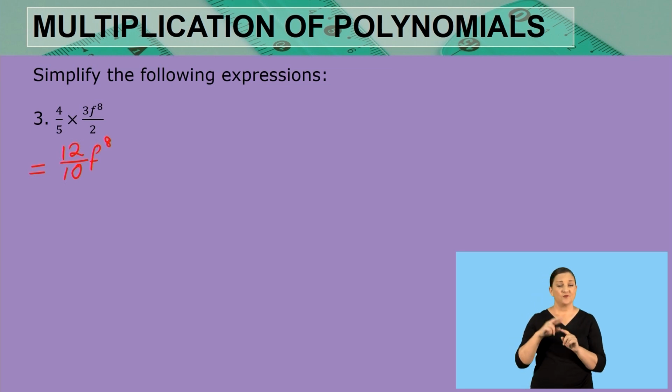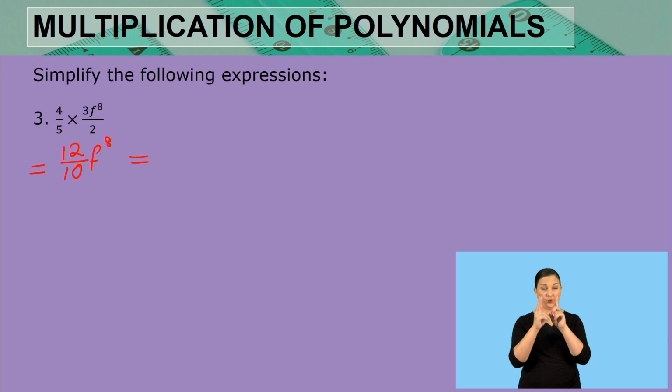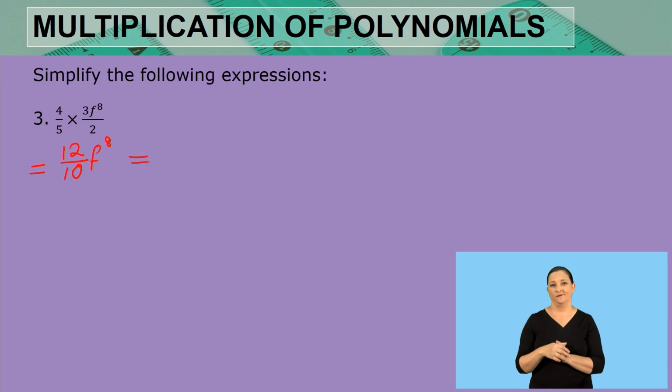But now, remember, when we are working with fractions, we need to always make sure that we simplify that fraction. So we are going to look for the highest common factor between 12 and 10. And what is the highest common factor between 12 and 10? If you are thinking of 2, then you are absolutely correct.